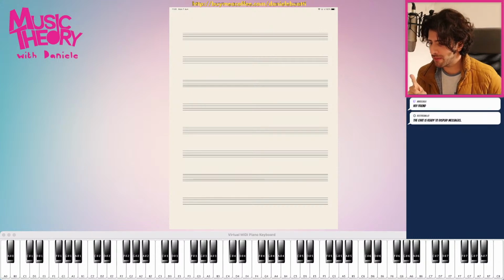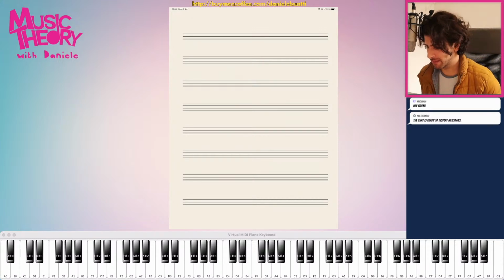We go left of the first black note to the adjacent white note, and that is our C. So you find any black note, left is C. Cool? I think most of you know this. That is our C. So we go C, D, E, F, G, and then we're back at A, and then B, and so on and so forth.